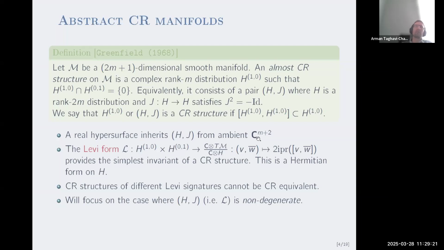Then you have a Hermitian form that takes values in a line bundle, given by this quotient.